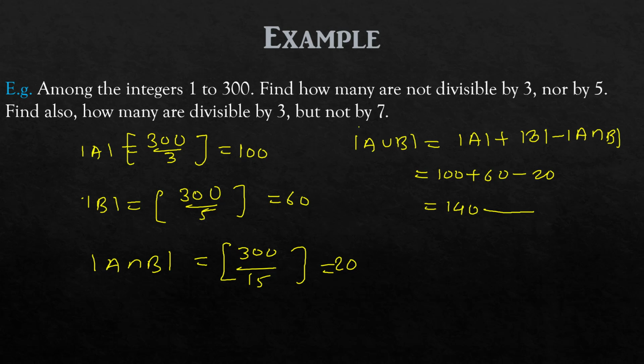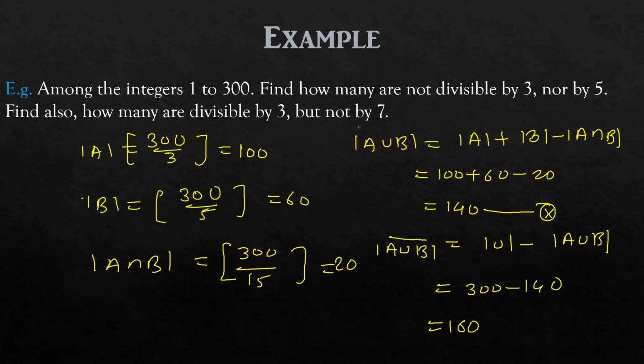So this is the next equation. Okay, now put this value in this equation. (A union B) complement is equal to number of U minus A union B. So we get 300 minus 140 is equal to 160.